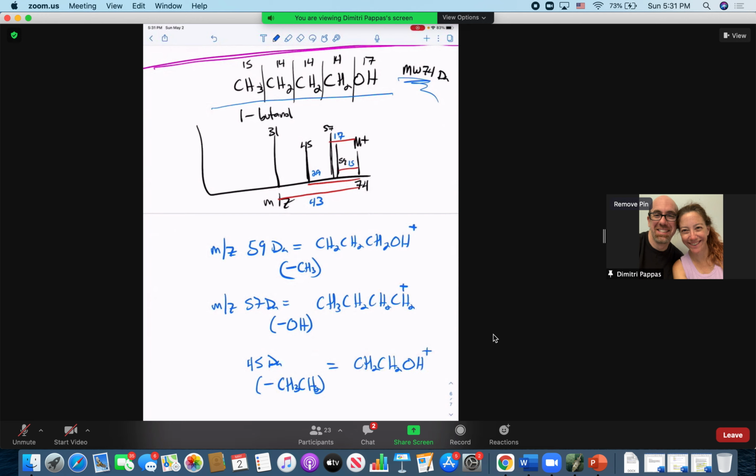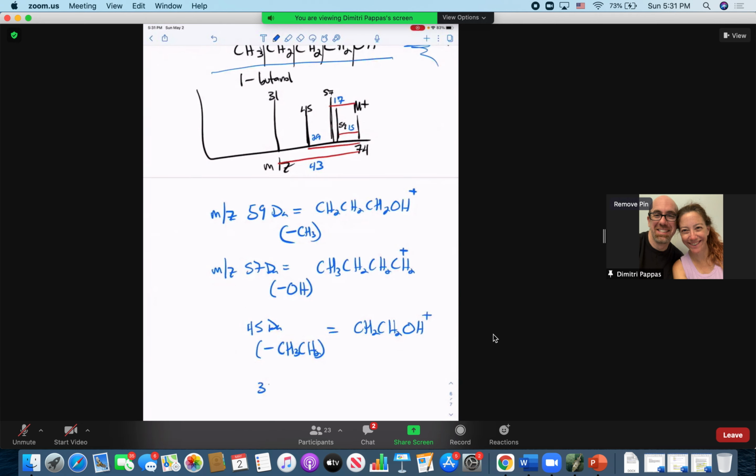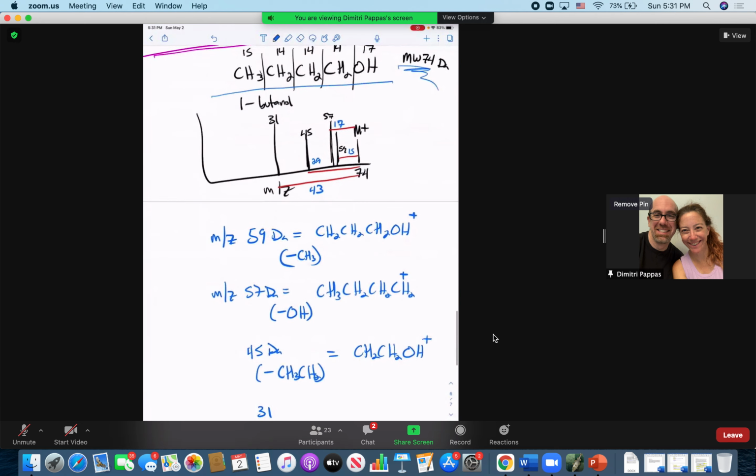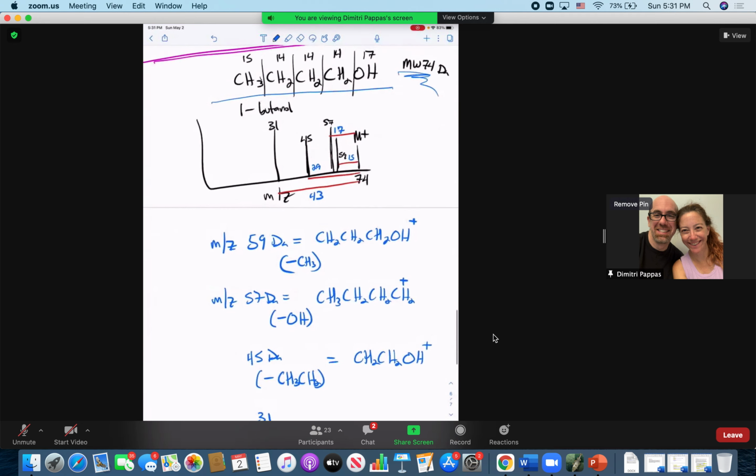So you can lose functional groups or you can lose pieces, like groups of functional groups. I don't know if there's a better word for that, right? A larger grouping of functional groups, if you will. And then that 31 Daltons, you can look at it two ways. You can look at what fell off, or you can also see what was left behind, right? But what would give you a structure of 31 Daltons?